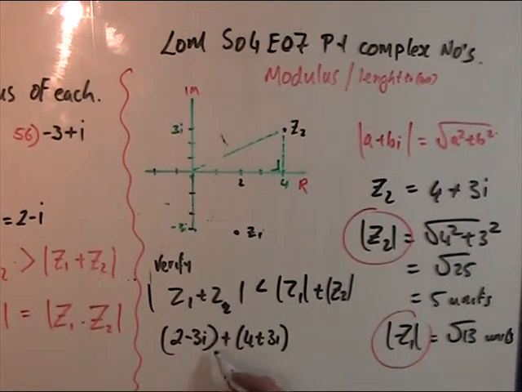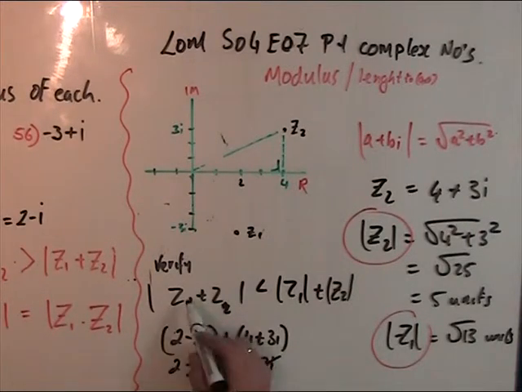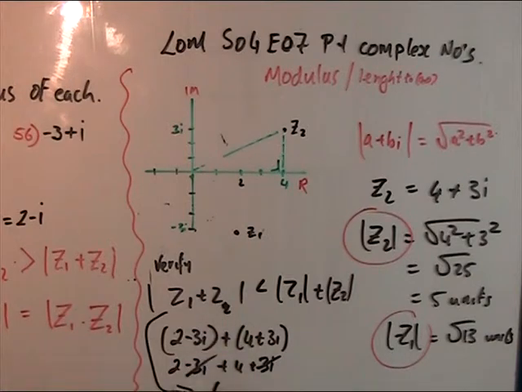So first of all I add them, and then I'll get the lengths of them. So we've got 2 minus 3i plus 4 plus 3i, and the 3i terms cancel, and I've got 2 plus 4 is 6. So that's what Z1 plus Z2 is equal to.